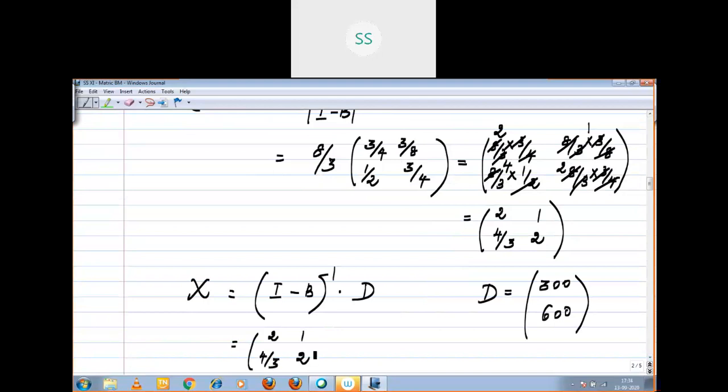Now X is equal to 2, 1, 4 by 3, 2 times 300, 600.